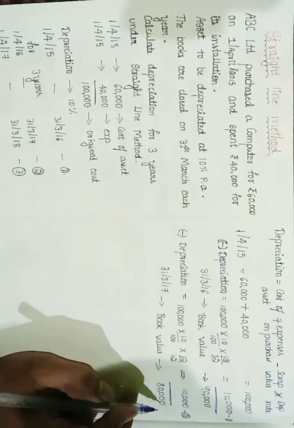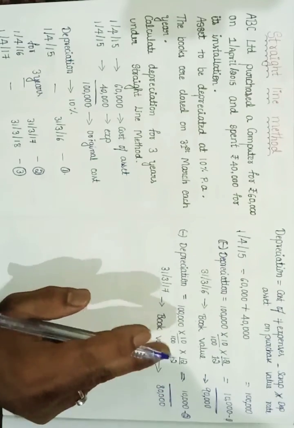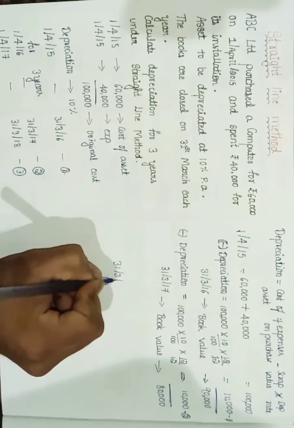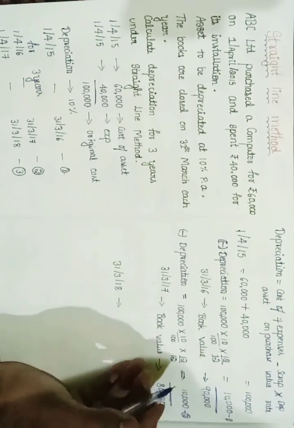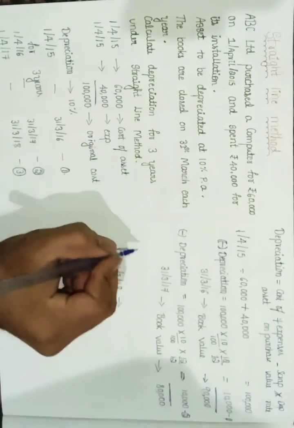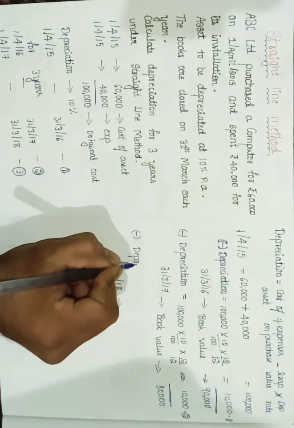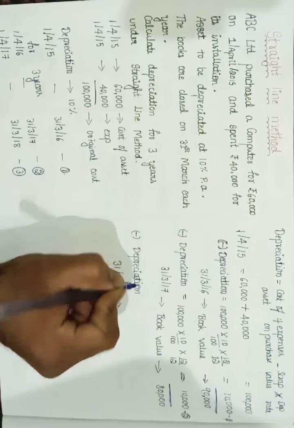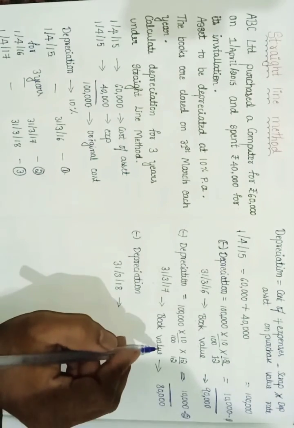This asset we are going to use, and we are not selling it, which means till 31st March 2018 we are going to use this asset. Then again the asset value will decrease. That is called depreciation. On the beginning date we have 80,000. This is called the book value.